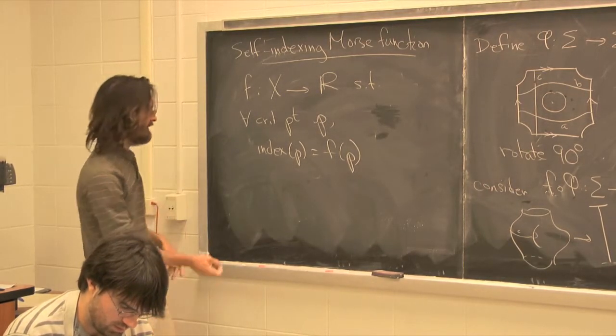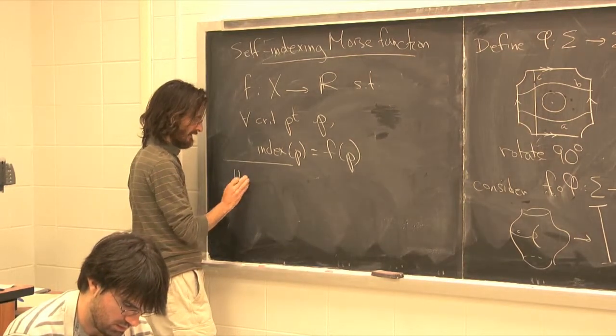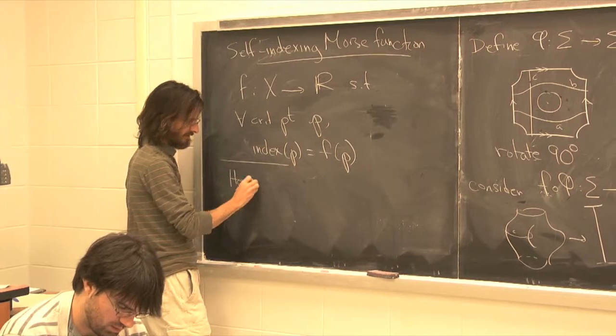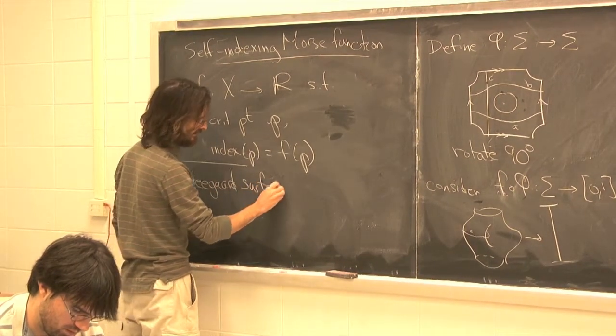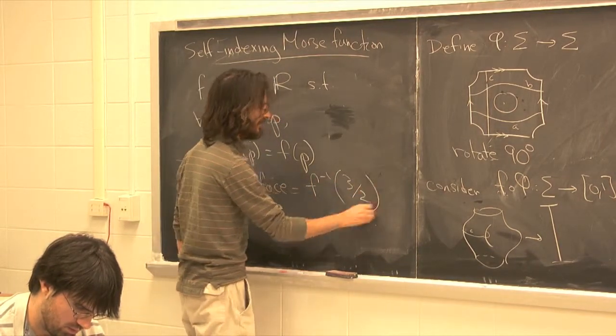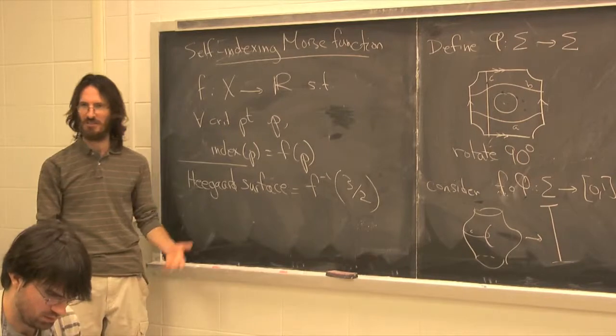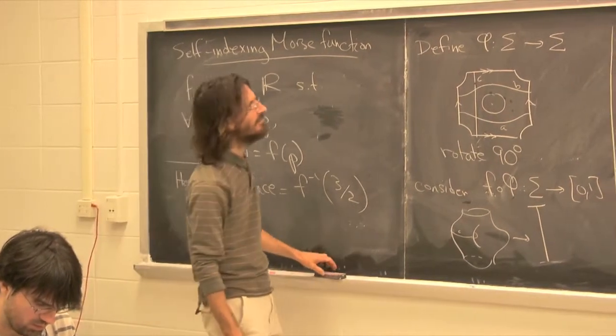And then if you do this, the convenience is you just say that the Heegaard surface is f inverse of 3 halves. So sometimes you'll see people say that, because 3 halves is a regular value in between 1 and 2, in between 2 and 3.